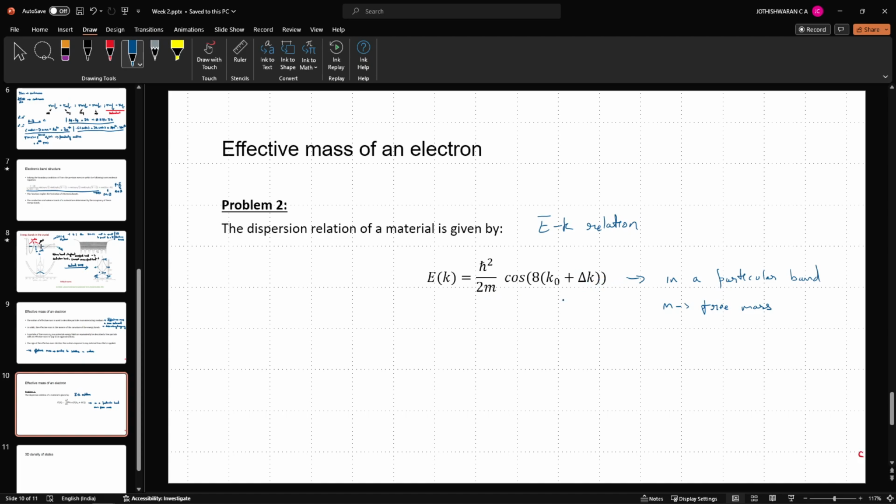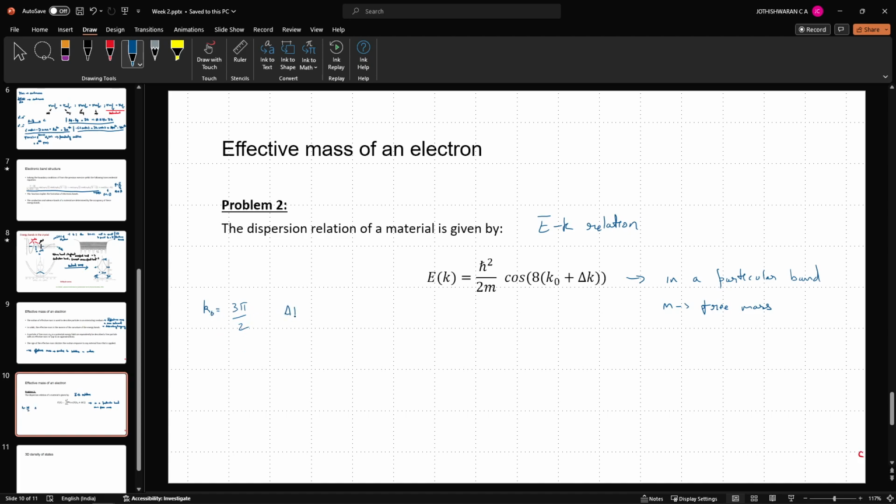So let us say we are choosing a region where k naught is, what shall we take it as? Should be a half integer. So let me say k naught is equal to 3 pi by 2.